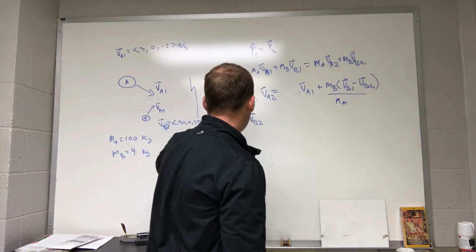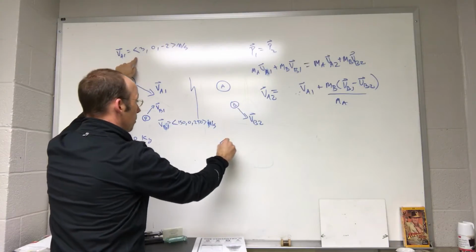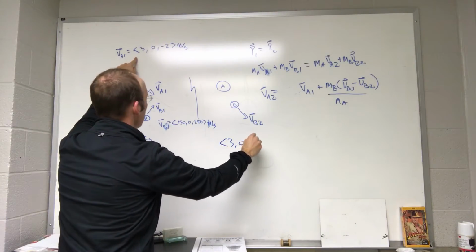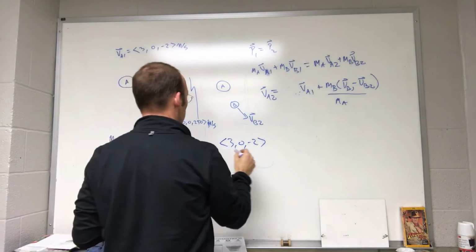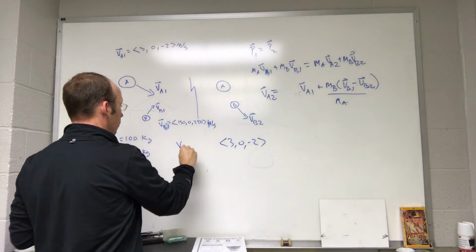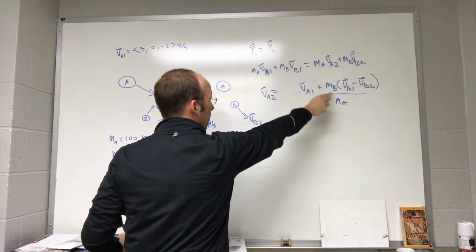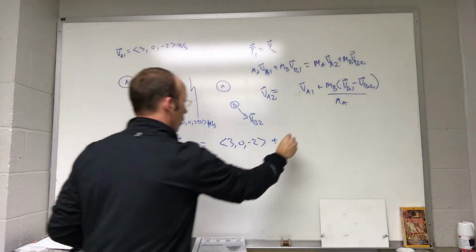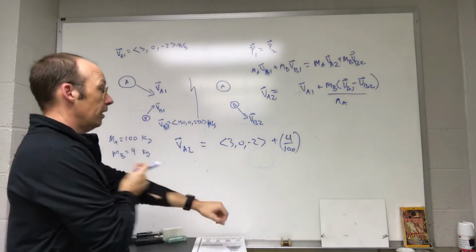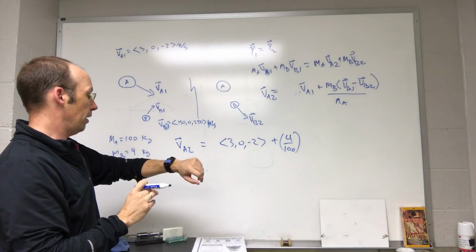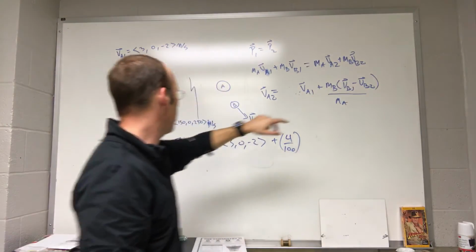Okay, so I'm going to do it right here. VA1 is going to be 3, 0, negative 2. I'll leave the units off for simplicity. So this is going to be VA2 equals that plus, now I have MB over MA, so it's going to be 4 over 100. And then I have the difference in velocities. So I'm just going to do this VB1 minus VB2.